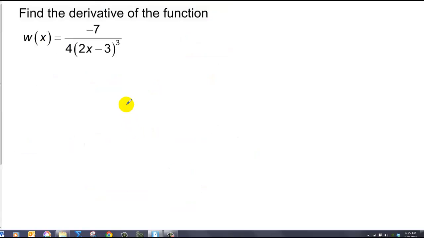This next problem is somewhat similar, but a little bit different. I'm more of a fan of making my f and g functions all in the numerator rather than the denominator, because this kind of looks like a quotient rule, and I would rather not do two methods of finding the derivative instead of one. So this is negative 7 over 4 multiplied by 2x minus 3 to the negative third power.